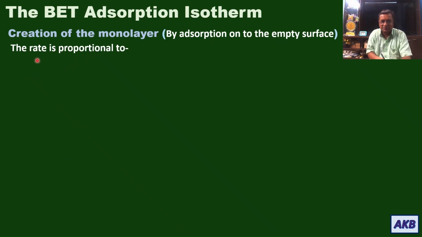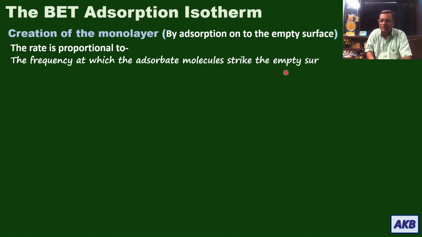In this case, the rate is proportional to the frequency at which adsorbate molecules strike the empty surface. So the rate of adsorption on the empty surface is proportional to the frequency at which adsorbate molecules strike the empty surface of the adsorbent, and it is also proportional to the area of this empty surface.